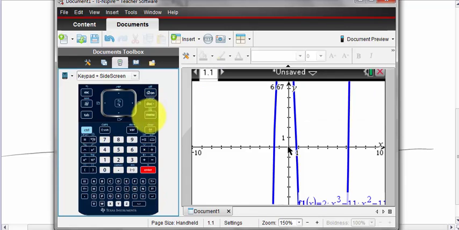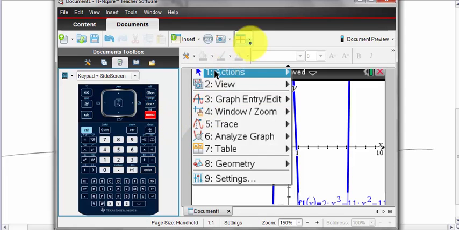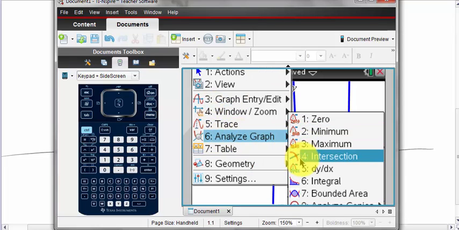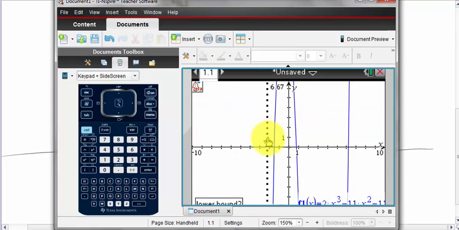And what I'm going to do is find the zeros. So we go to choice 6, analyze graph. We want the zeros. And I'm going to go until I find a rational one. If I find these others here and here, those are going to be big, long, ugly decimals. They're going to be irrational numbers. This one clearly is rational.